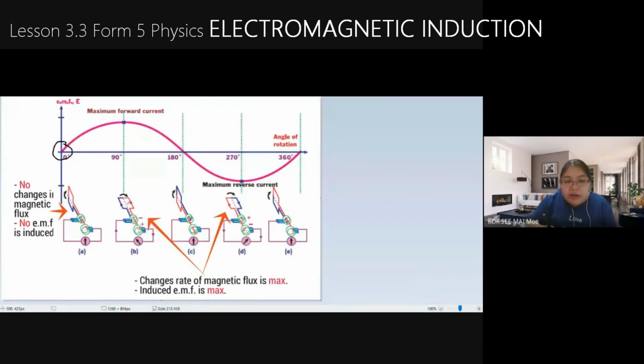When horizontal, the galvanometer shows the current, turning to the left-hand side. So this produces the maximum induced current. When it rotates again until vertical, it is parallel again, no induced current, becomes 0.